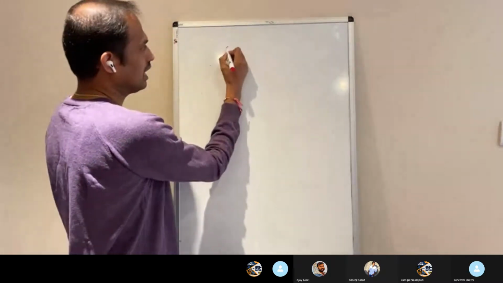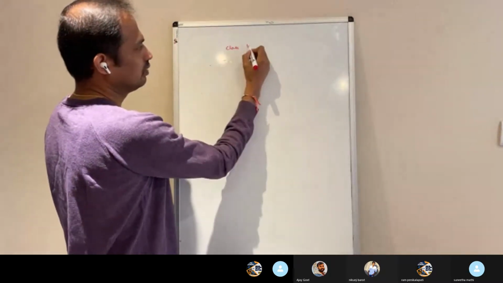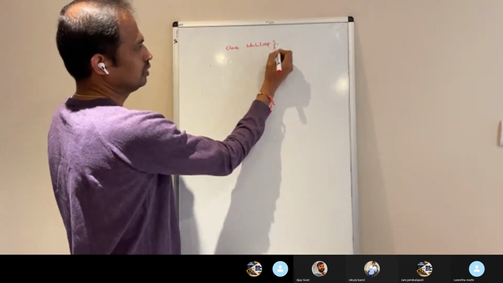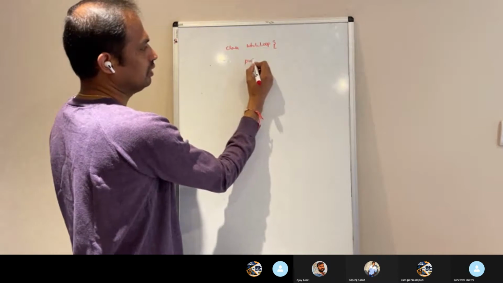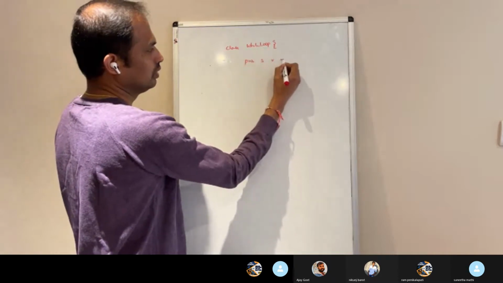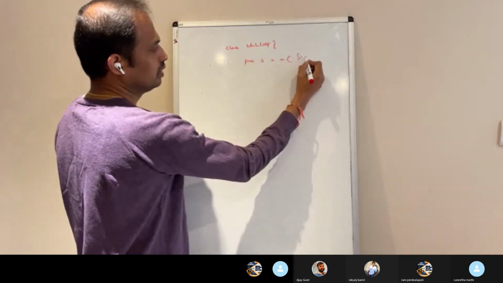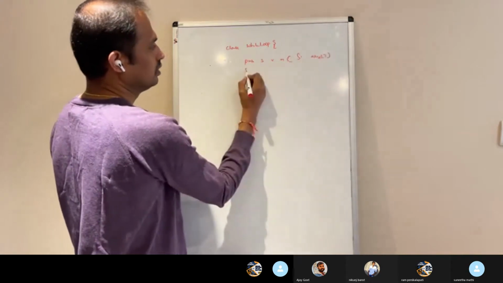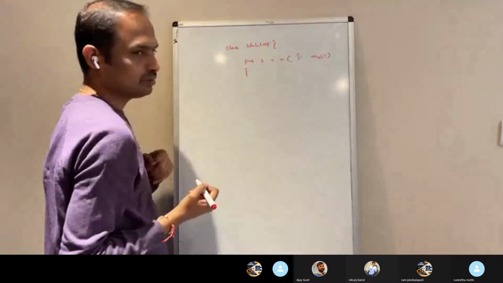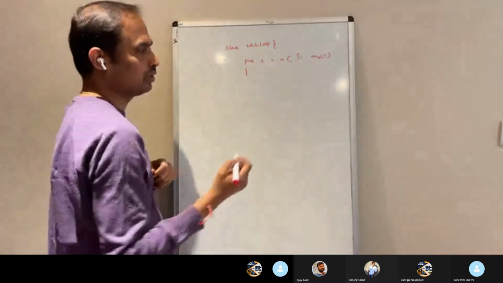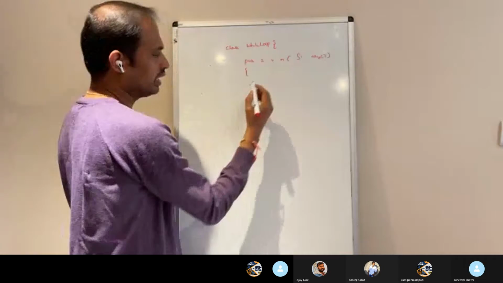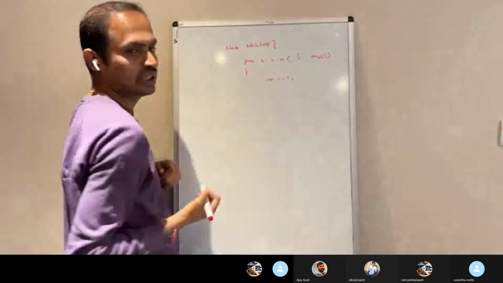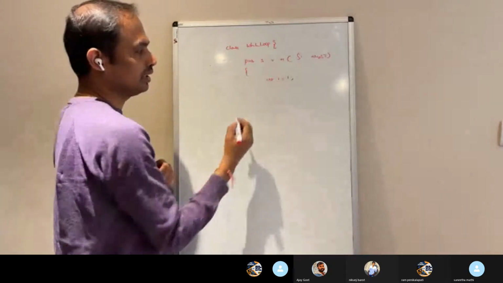So class WhileLoop, public static void main, String args. Here we need to initialize the int value first: int i is equal to 1.